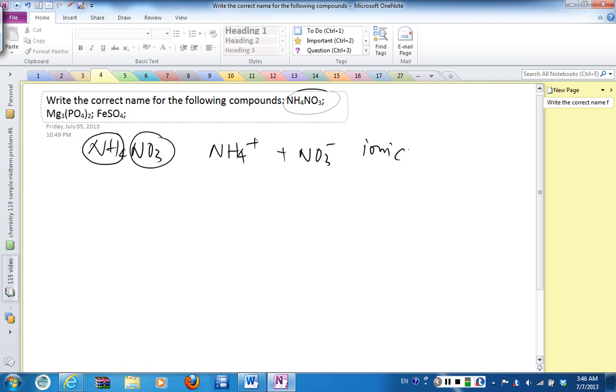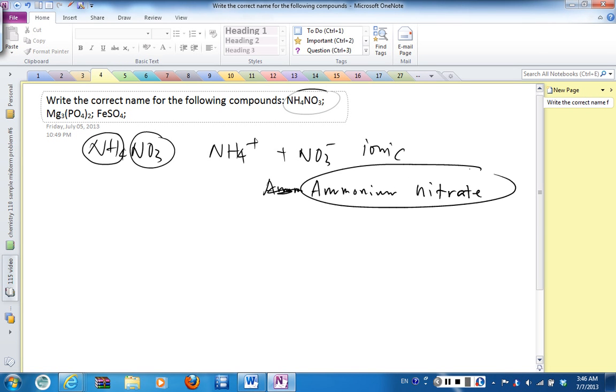The positive ion, we name it as what it is, so this would be ammonium, and for the negative ion, NO3 is nitrate. Ammonium nitrate.